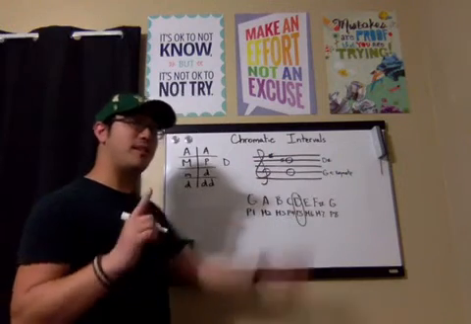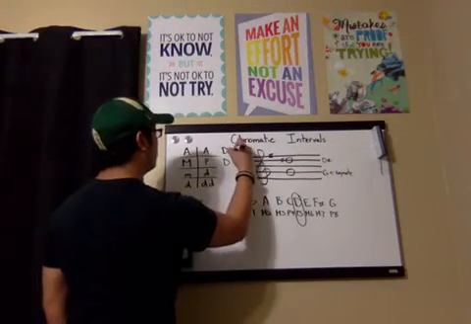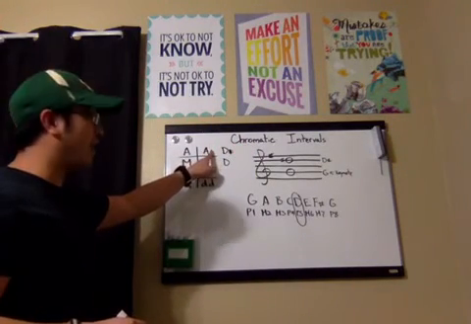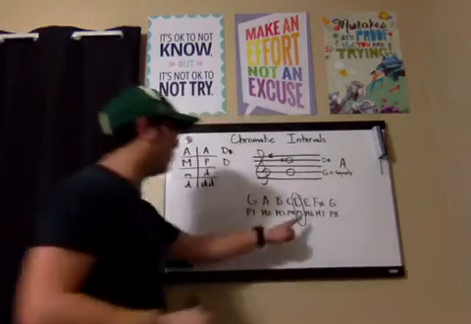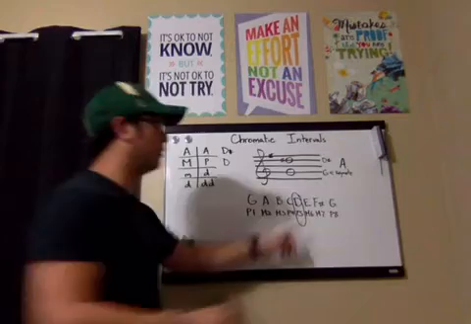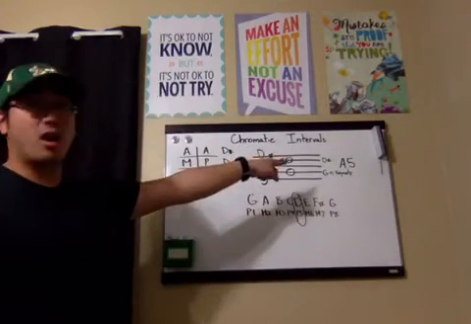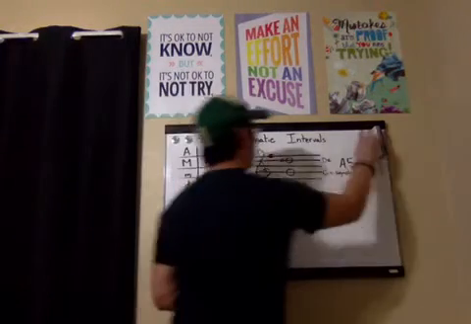D sharp is a half step above D natural. So I'm going to take this letter, which is an A for augmented, and I'm going to keep this number, giving us an answer of augmented fifth. One more.